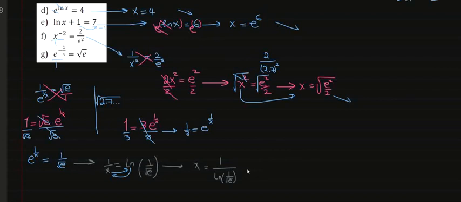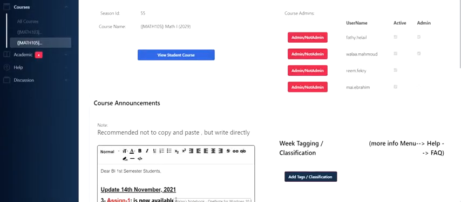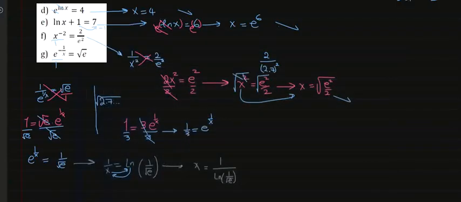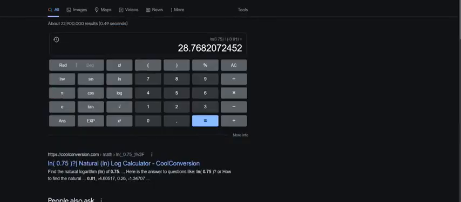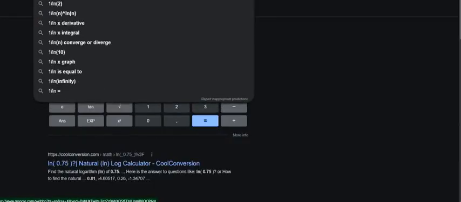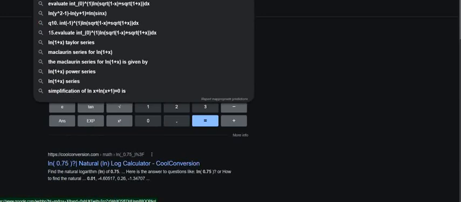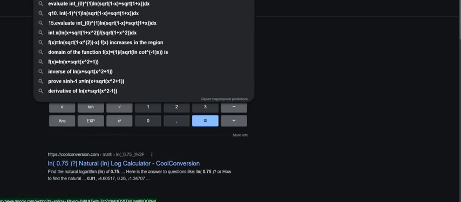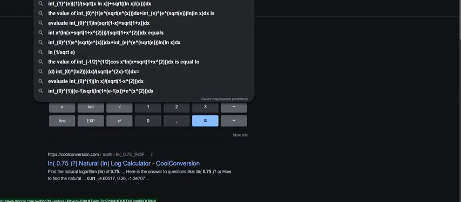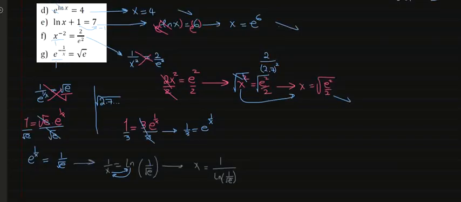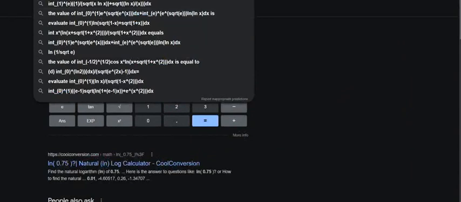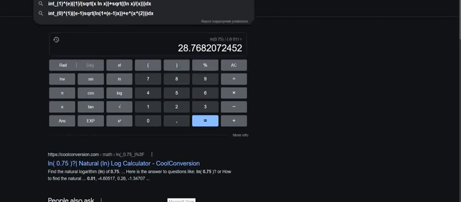And you might calculate this in decimal form and write its equivalent decimal. So I might go to Google here. But here it would be 1 over ln, and inside the ln it's 1 over the square root of e.